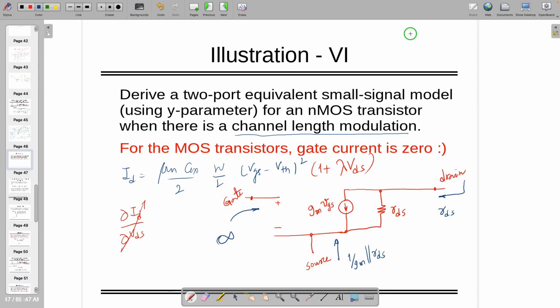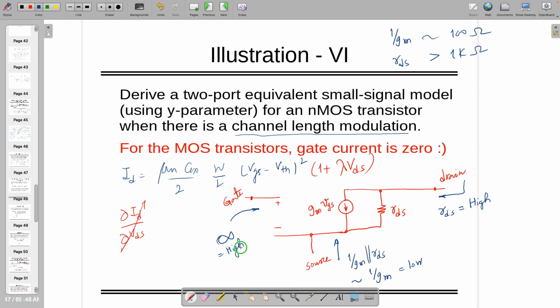Note that now, remember it, 1 by GM is in the range of a few ohms, hundreds of ohms, right? RDS is generally more than 1 kilo ohm. So in that case, I can approximate this to 1 by GM. That I can consider as low. RDS is 1 kilo ohm, I can consider that as high, and infinity is obviously high. So input resistance is infinity, output resistance is also infinity.